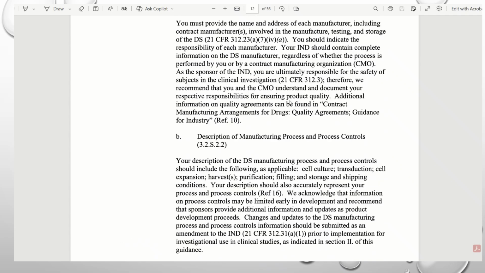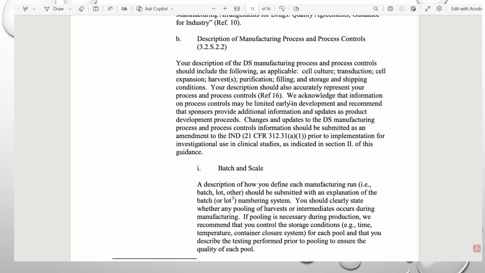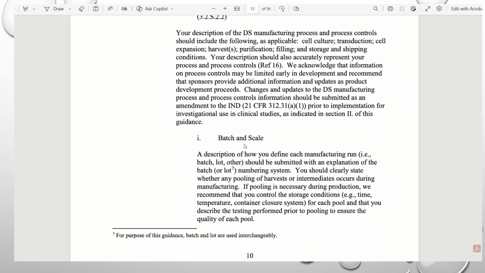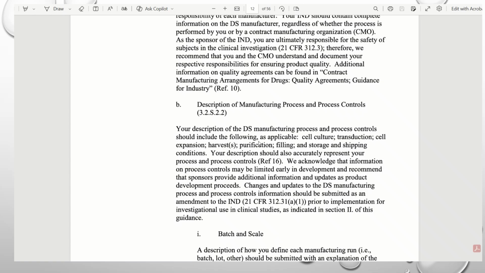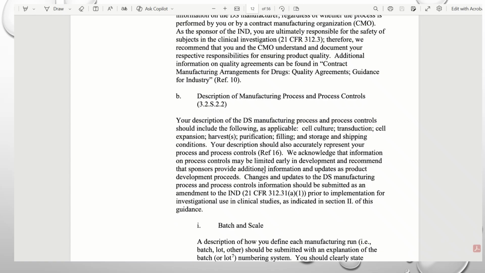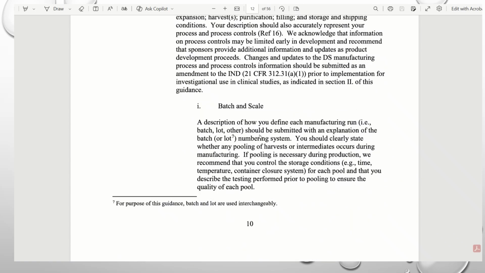So here you have your batch size. I don't know whether I mentioned that in the other one, but obviously it's slightly different for your common technical document where I think it's not. I can't recall. But in any case, you have your batch size and your scale, where you should identify what is a batch and what is your typical batch size for each manufacturing run.